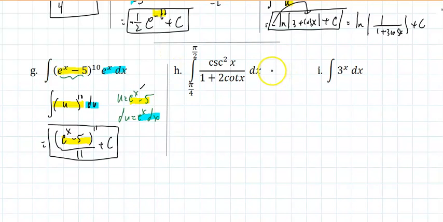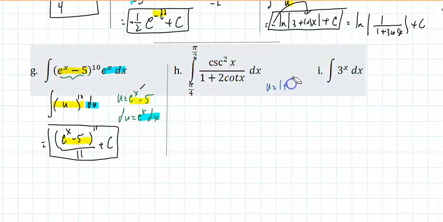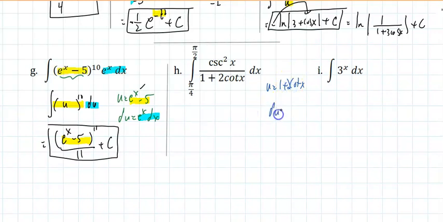Here, I would let u equal, by tradition, the denominator. Okay. I'll get there, don't worry. So du is negative twice cosecant squared of x dx. There is my u.